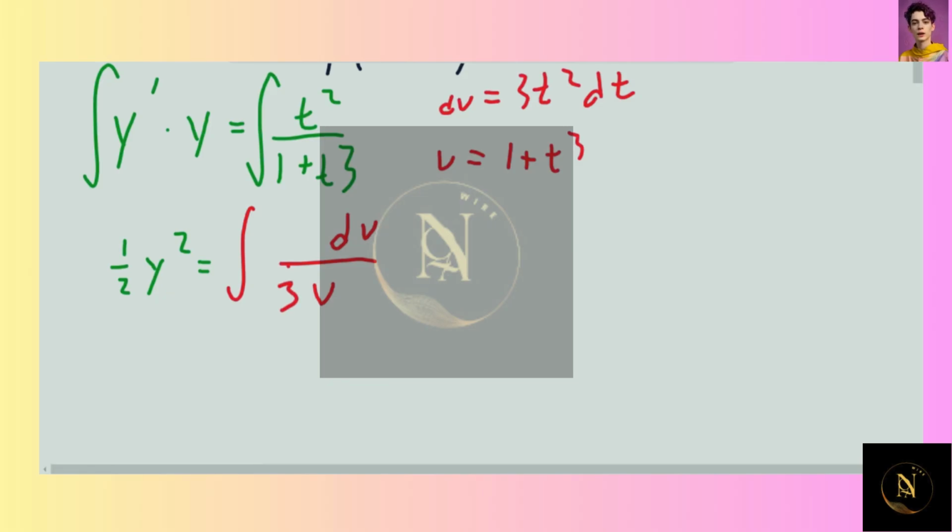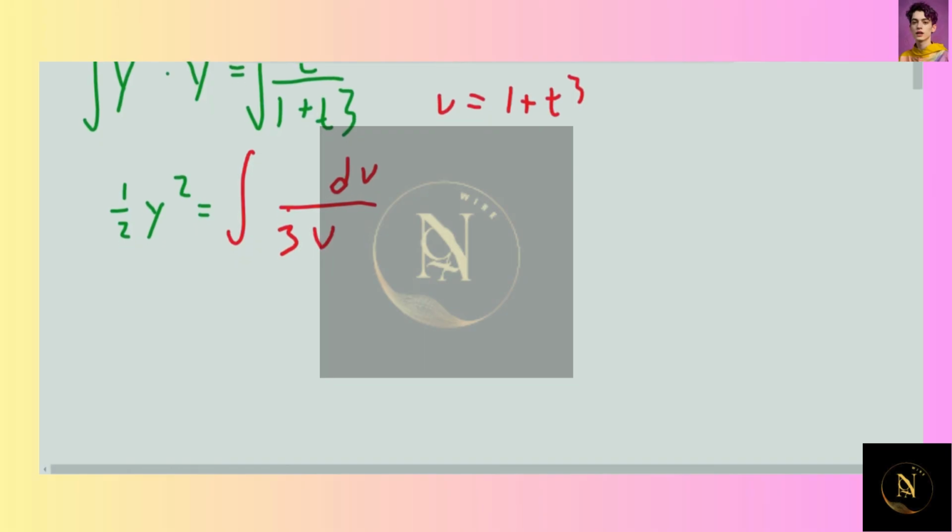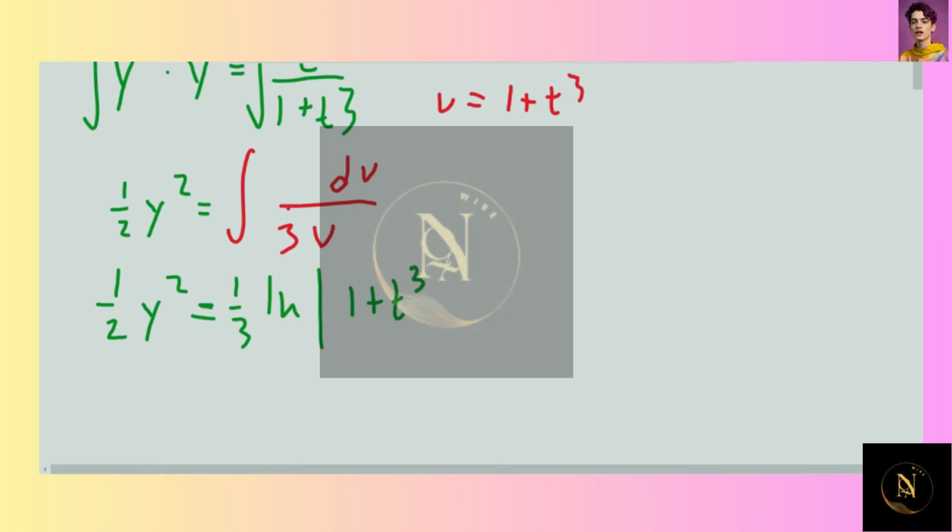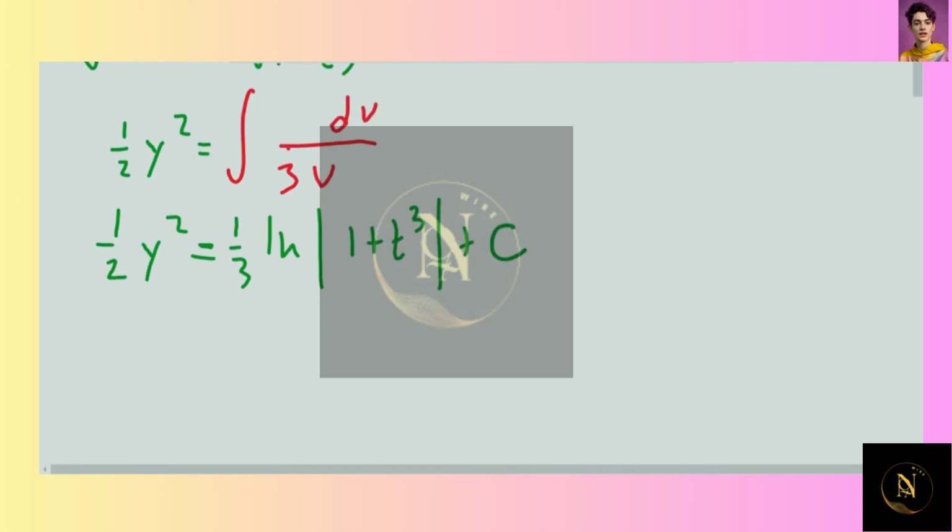And of course, this is just a natural log. So we'll have 1/2 y squared is equal to 1/3 the natural log of 1 plus t cubed plus c on the outside.